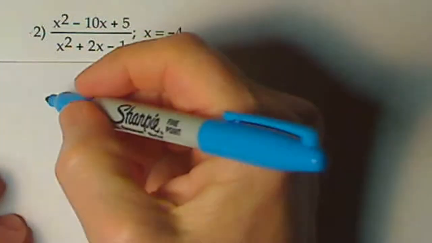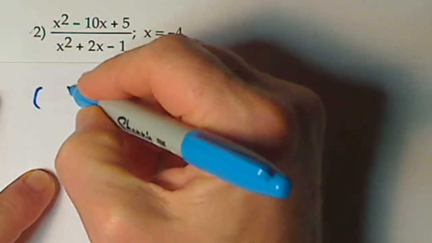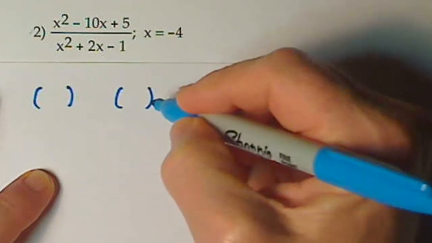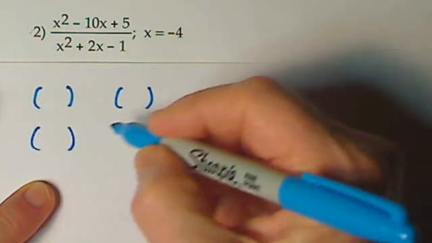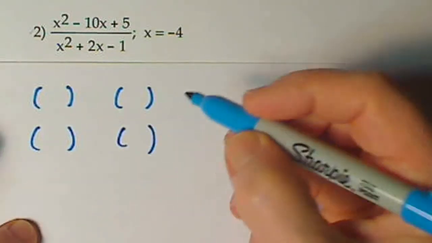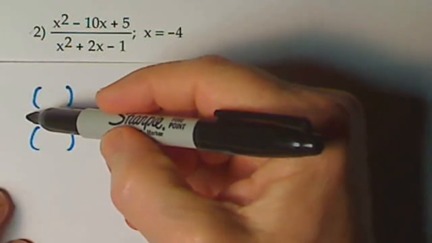Wherever I have an x, I'm just going to put a set of parentheses. And then for the bottom, remember, they're telling us that x is -4. Let me bring down all the other items that I haven't filled in.